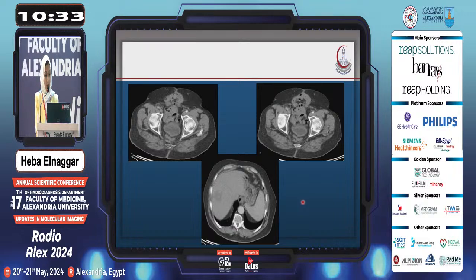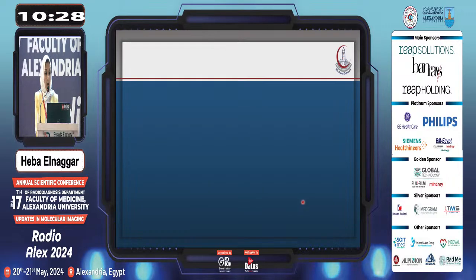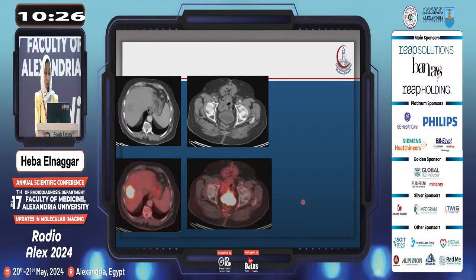And in the liver, we can see there is a hypodense focal lesion. We proceed to the fused images. The hepatic focal lesion is definitely a metastatic one, but when we look at the operative bed, there is a very small FDG-avid nodule seen at the operative bed. It was a query for us, is it residual tumoral tissue or what?